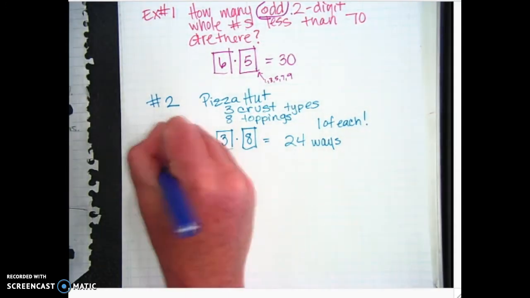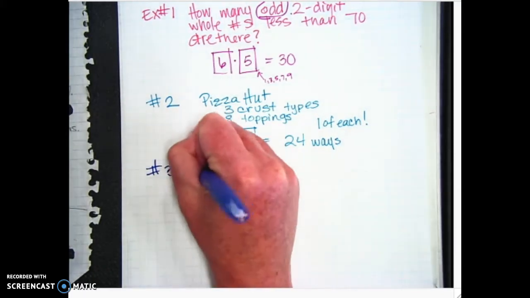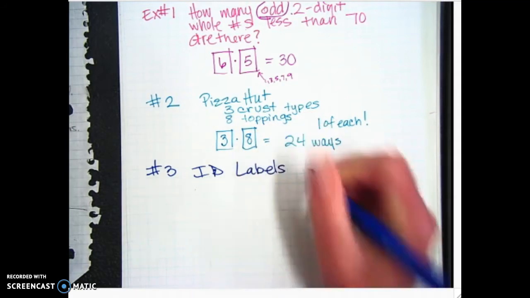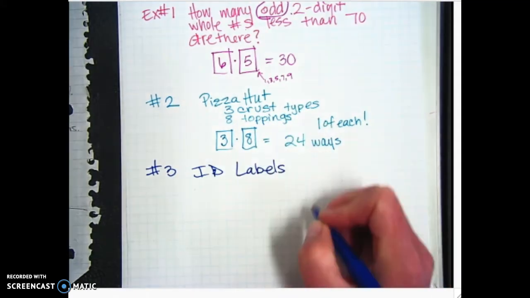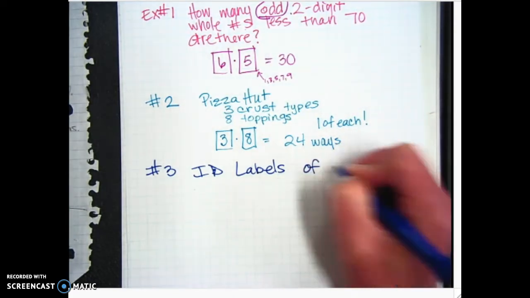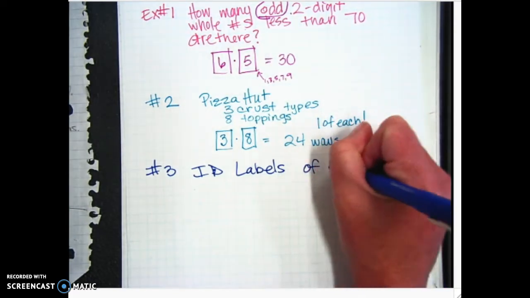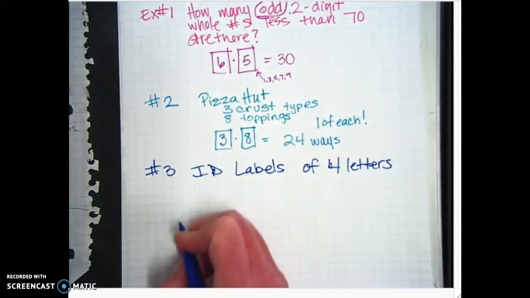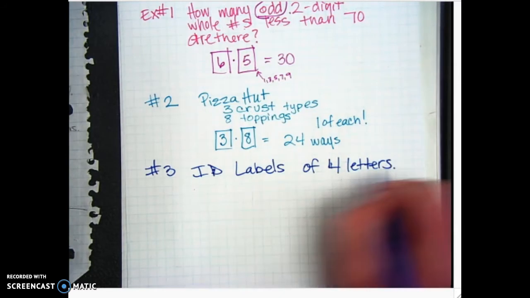All right, example number 3. This time we're making ID labels, and each is composed of 4 letters. How many different labels are possible?